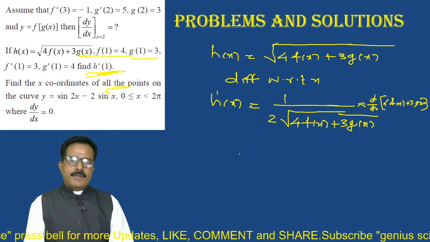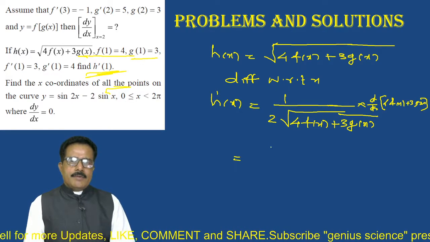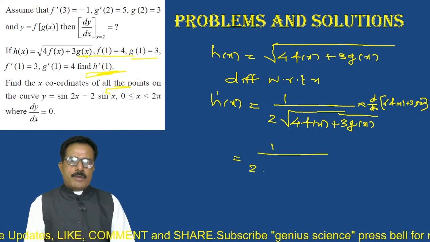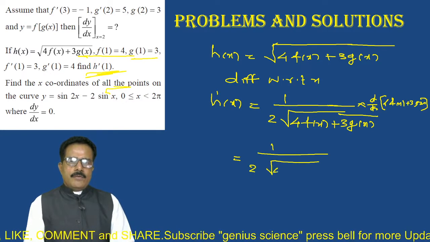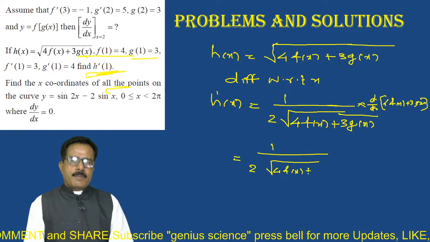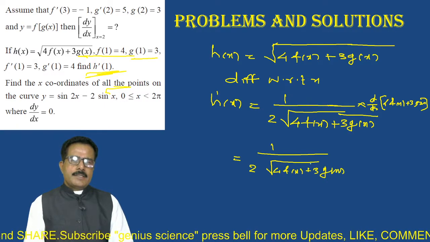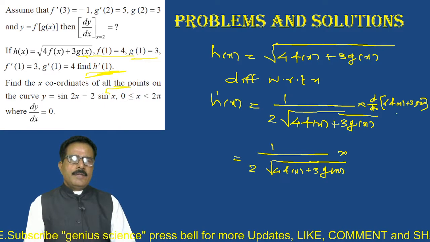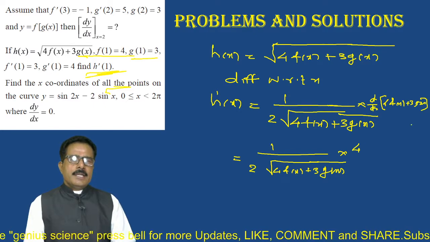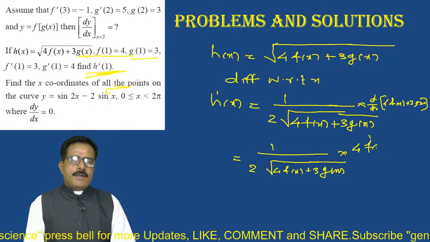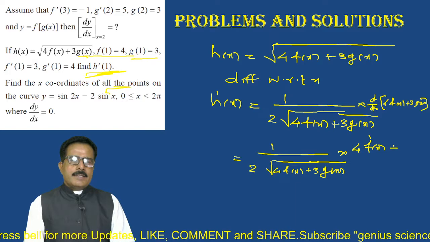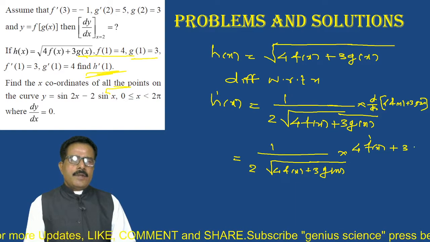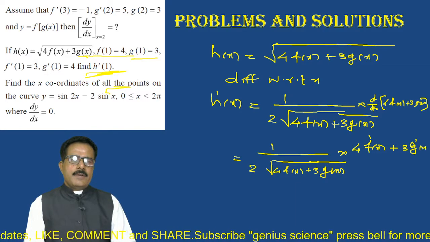Derivative of this inner function. Again 1 upon 2 into root of 4 into f of x plus 3 into g of x, into, differentiate this: 4 as it is, derivative of f of x is f dash of x, plus 3 into the derivative of g of x, which is g dash of x.